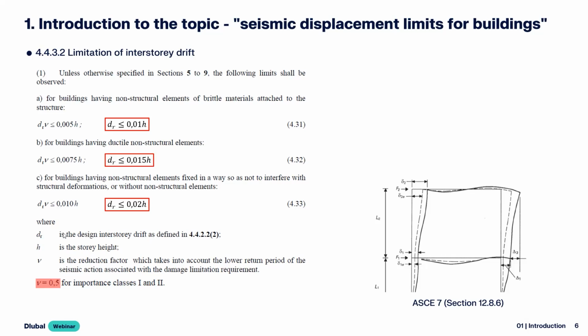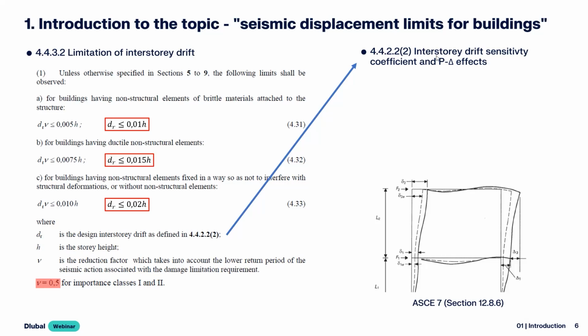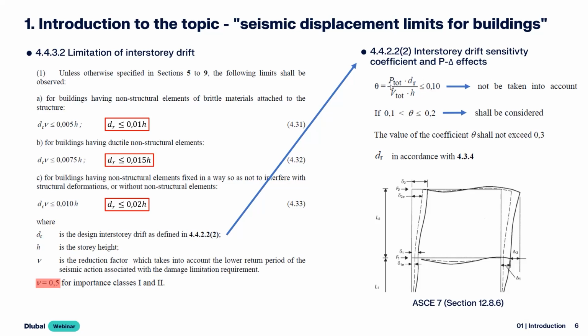We have here a reference for this result in order to compare. And this is another important section, the interstory drift sensitivity coefficient and P-delta effects. We will calculate this also in the program, and we check that one of these three conditions should be taken into account or satisfied.